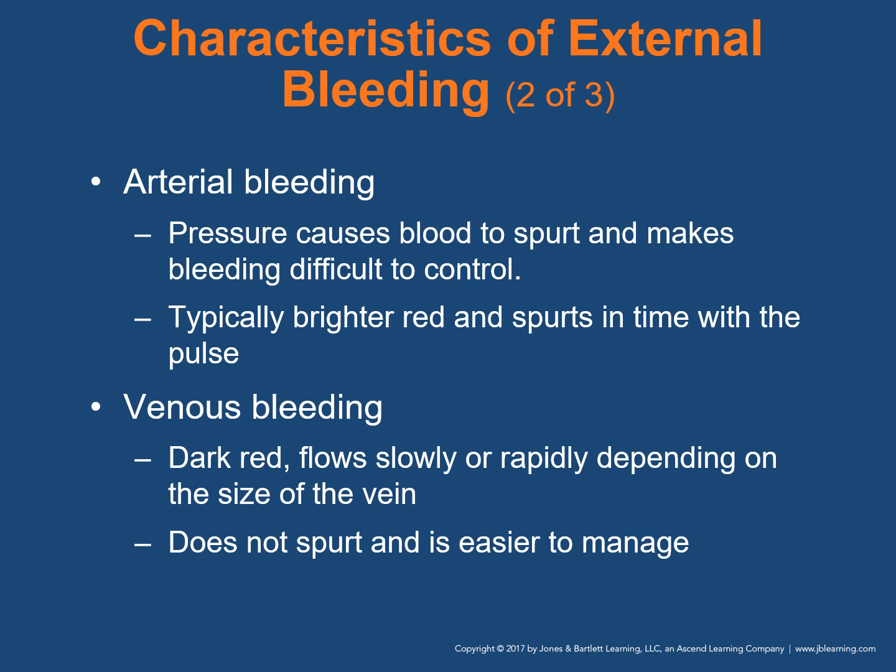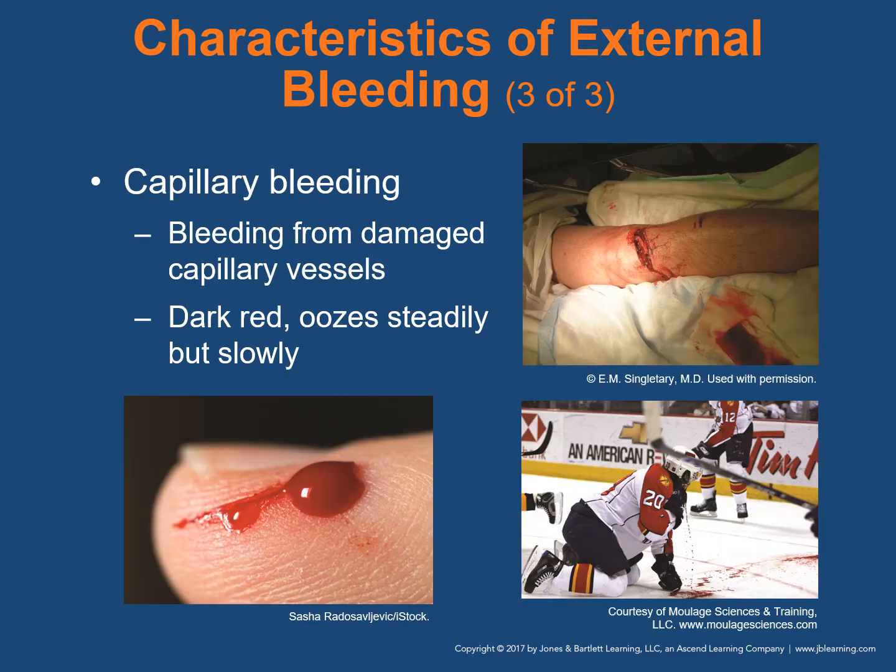Bleeding from the veins, venous blood, is going to be easier to slow because it is a constant pressure, so the platelets can make changes and adjust based on that pressure. So arterial: bright red, spurting. Venous: dark red, and a steady flow.